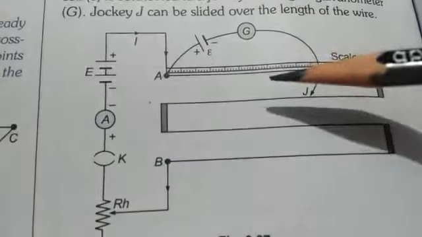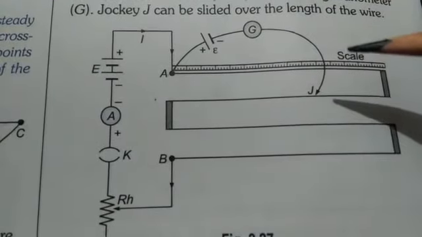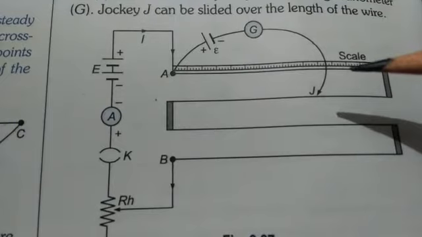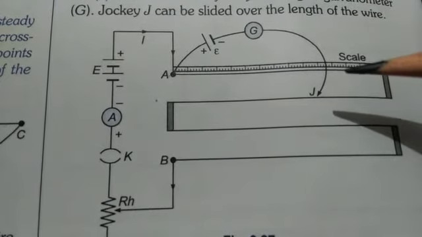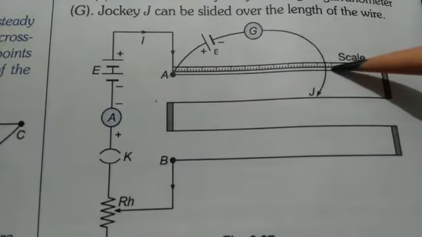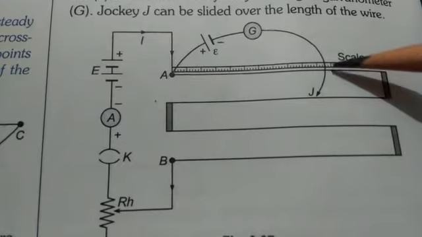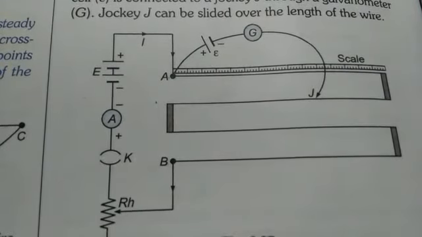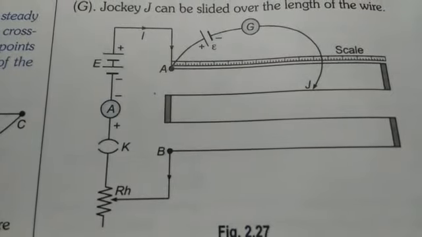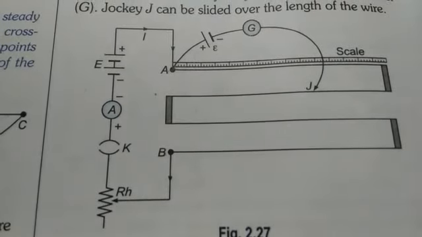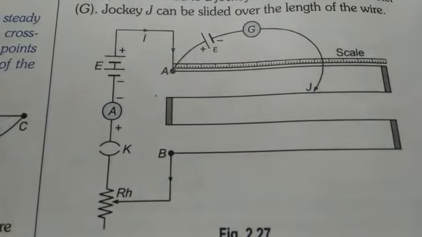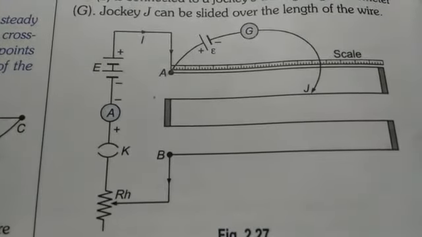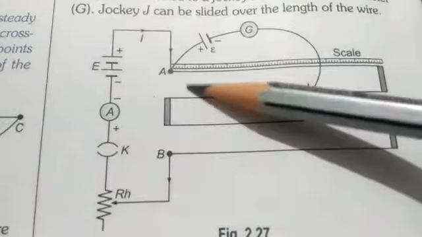One thing you must notice: when we ask students in which manner the wires or the resistances are connected in potentiometer, they say that parallel. It is not parallel combination, okay. In parallel combination, one point of all the resistances is connected at same point and other point is also connected at same point, okay. So here you can see that this is not the case.